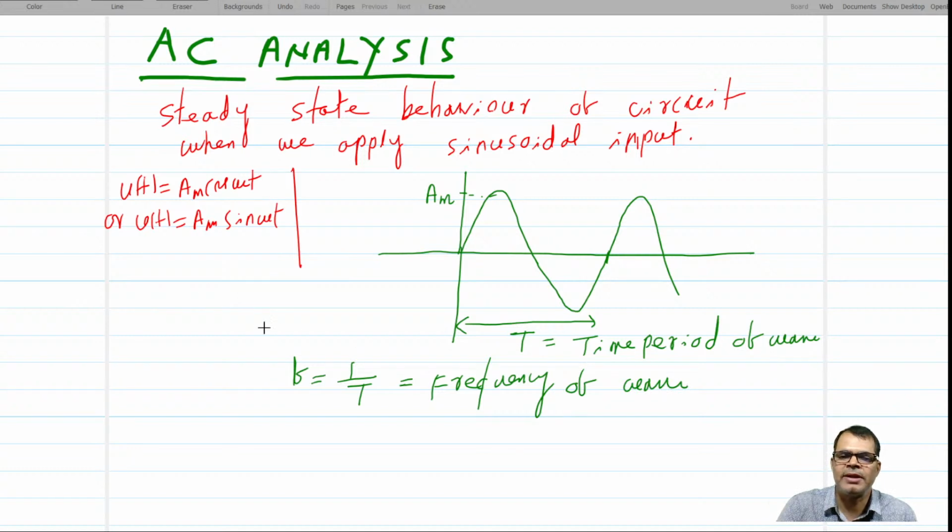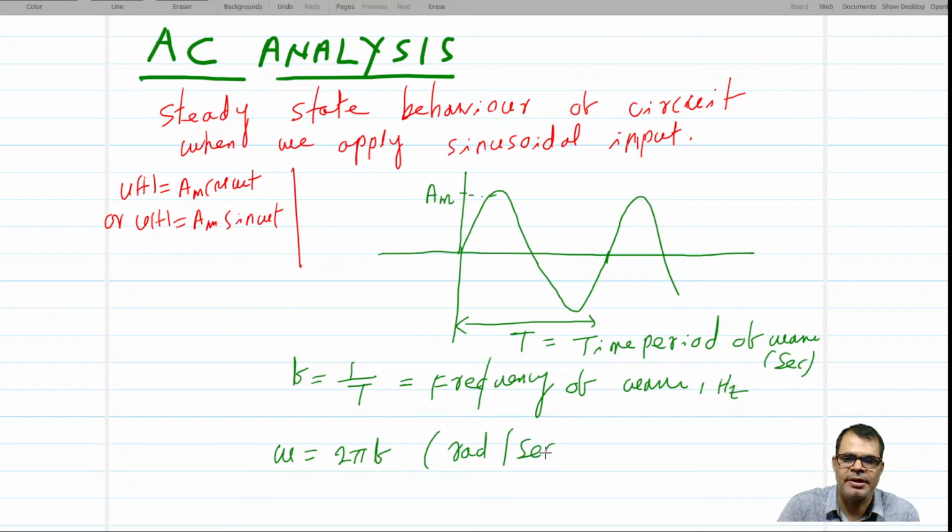Frequency has the unit hertz, the time period has the unit of second, and angular frequency omega is 2 pi f and its unit is radian per second.